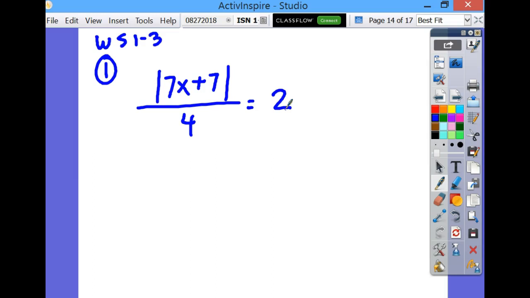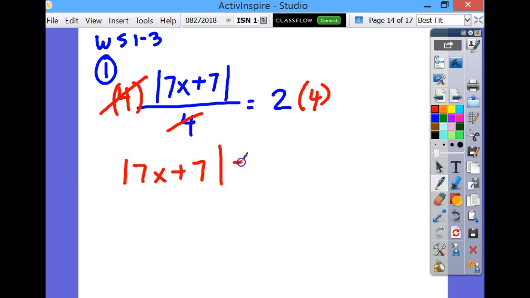How? And if I multiply by a 4 on this side, what do I have to do on that side? The reason you multiply by 4 is to cancel that out. Then what?